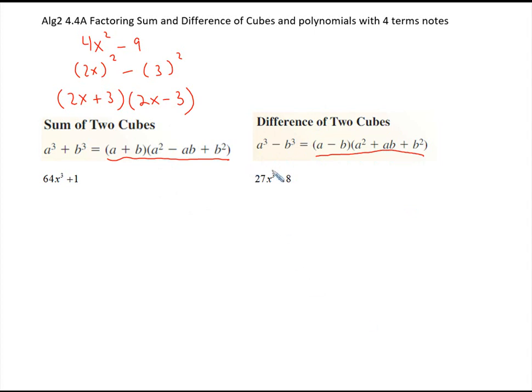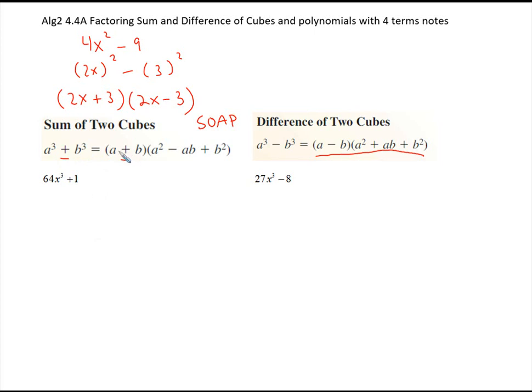Now, one thing that I'll mention is I call these SOAP problems. So you kind of remember the word SOAP, and I'll explain what these letters mean. The word SOAP helps you remember the signs for these parentheses. So you notice this first sign here is the same as the a to the third plus b to the third.